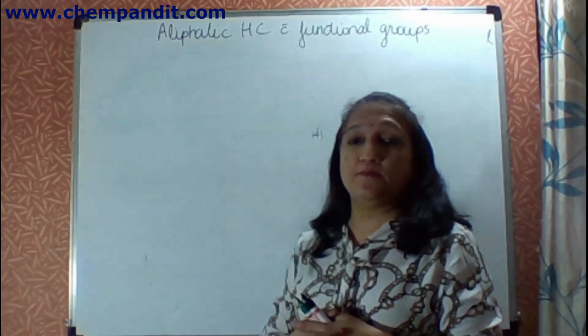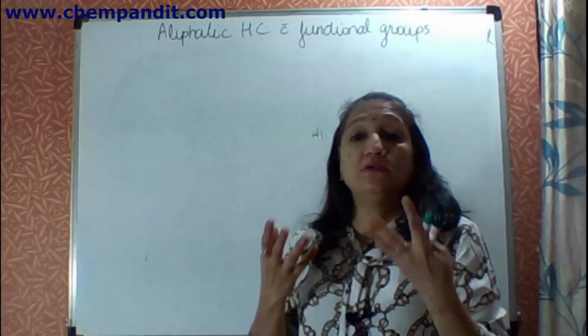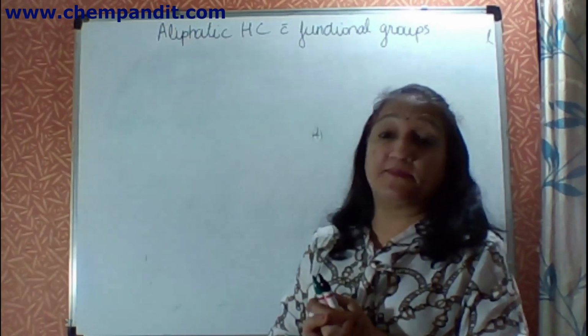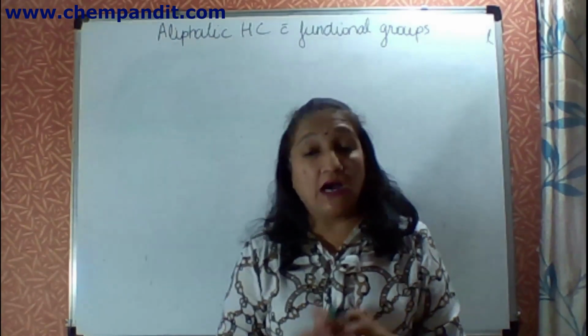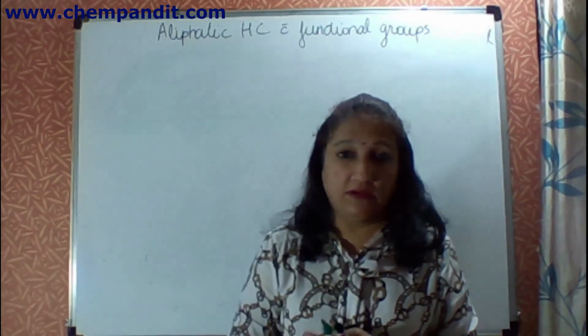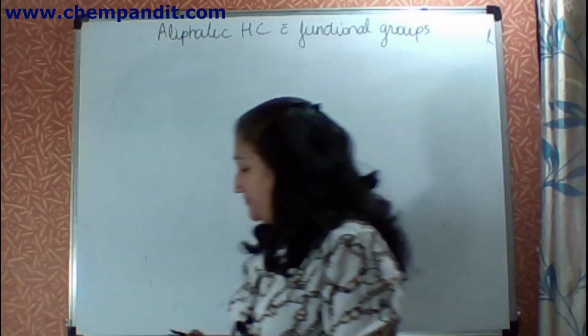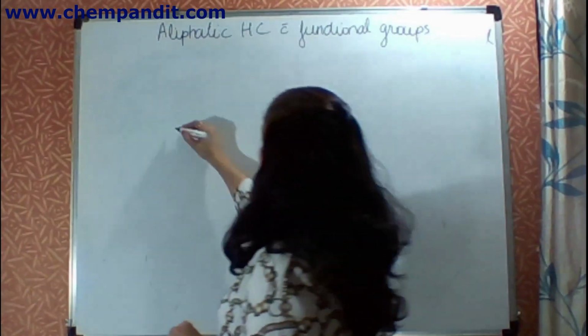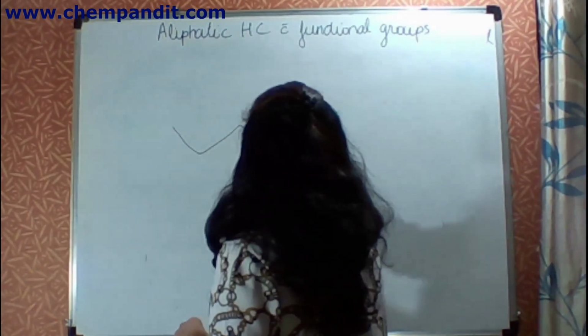Suppose an organic compound contains more than one functional group. Then how will you decide the priority order? How will you name that compound? Let's discuss. Suppose we have a compound like this.